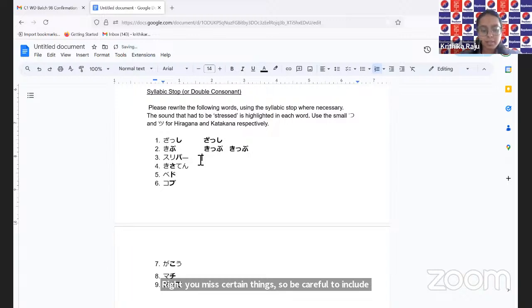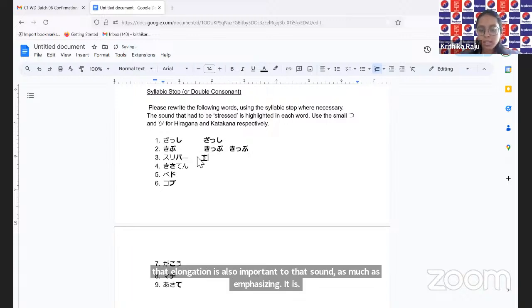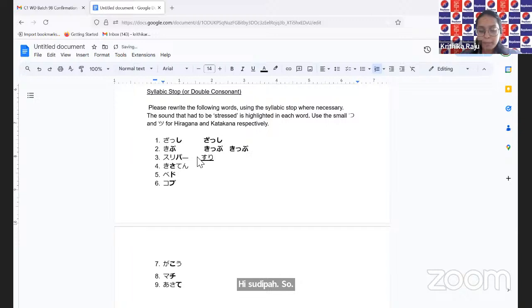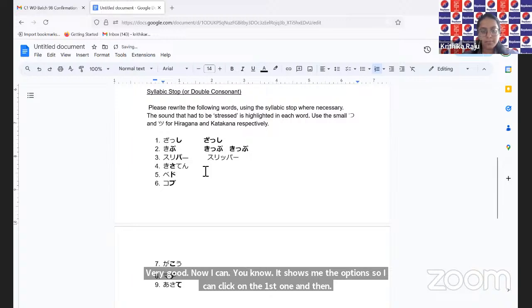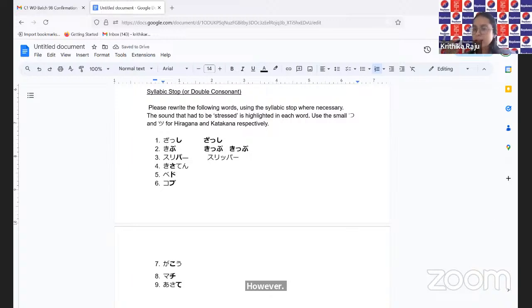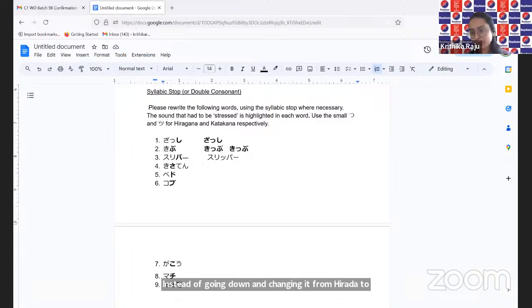So S-U-R-I PPA. Very good. Now it shows me the options. So I can click on the first one. However, instead of going down and changing it from hiragana to katakana each time, I can just type it in hiragana, press space, and it will show.